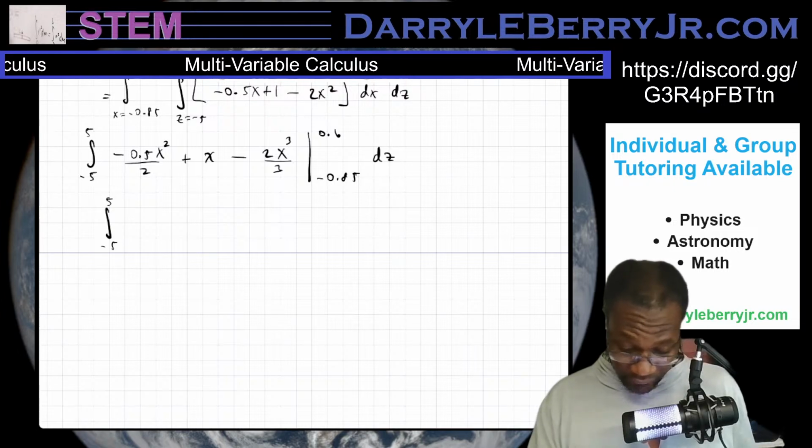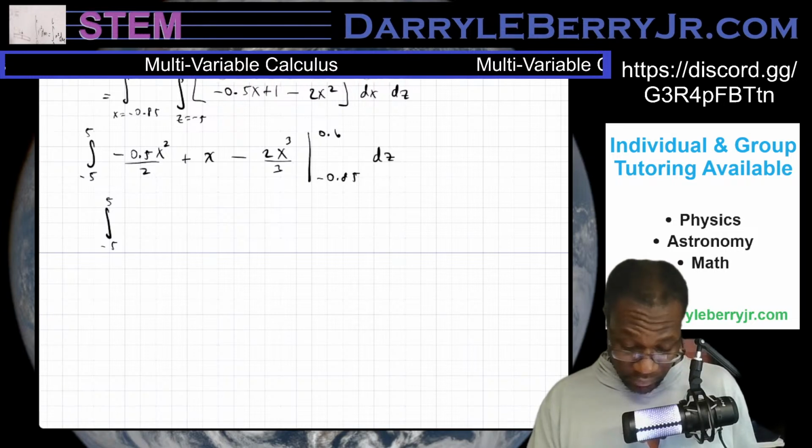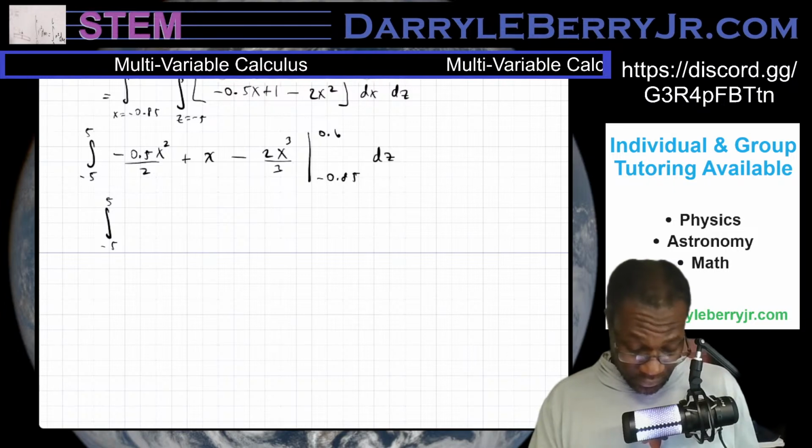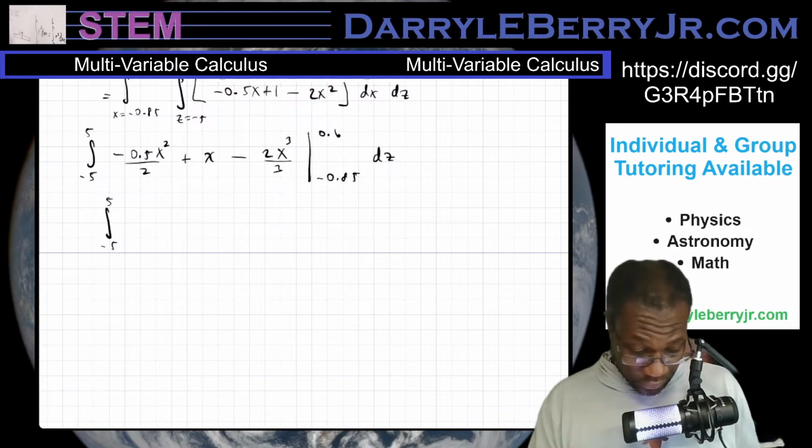And then we have minus, so again, that's a plus, because this is the second term I'm subtracting, 2 over 3 times negative 0.85 cubed.